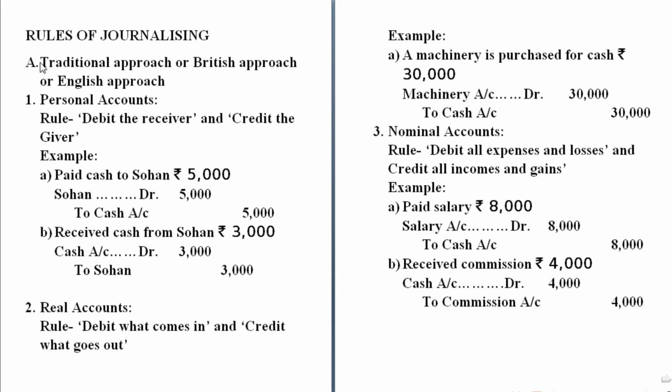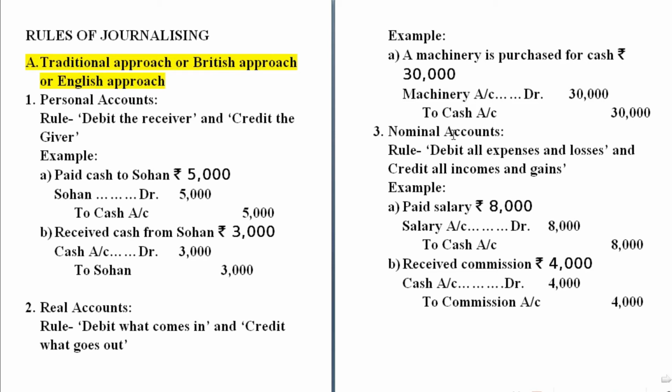The first one here is your traditional approach, British approach or English approach. The first type of method or approach, we call it traditional, British or English approach. In this we classify the accounts into three classifications: personal, real and nominal.